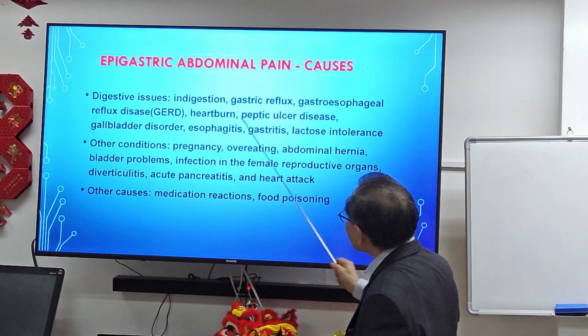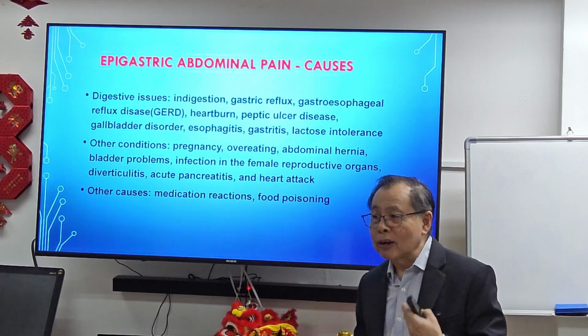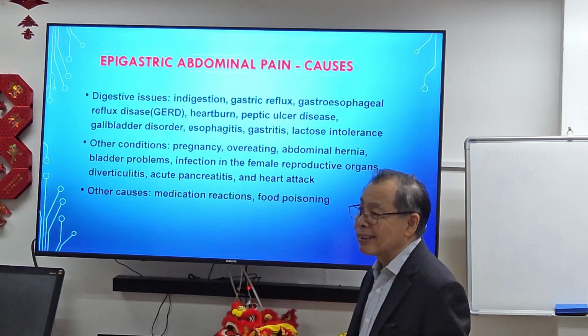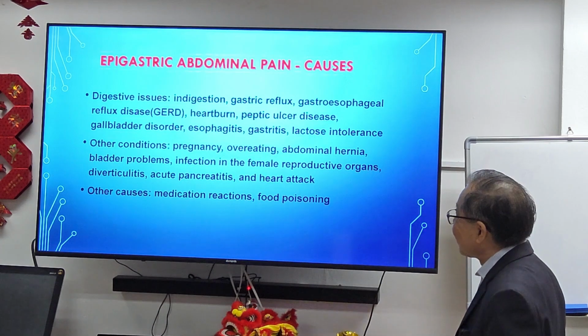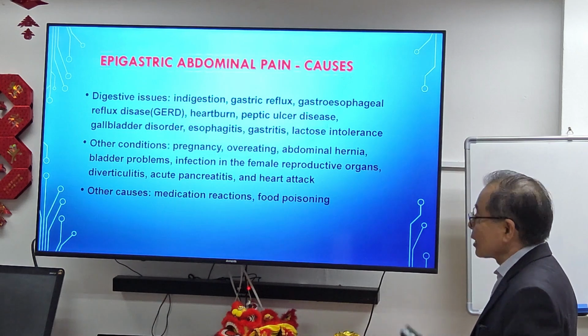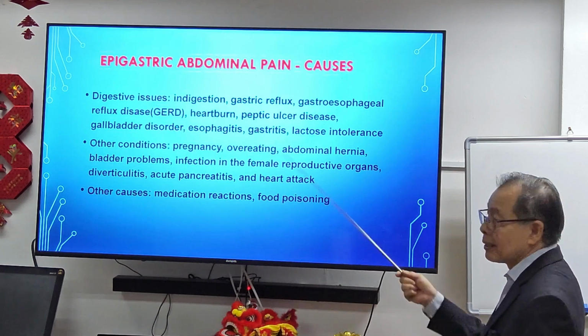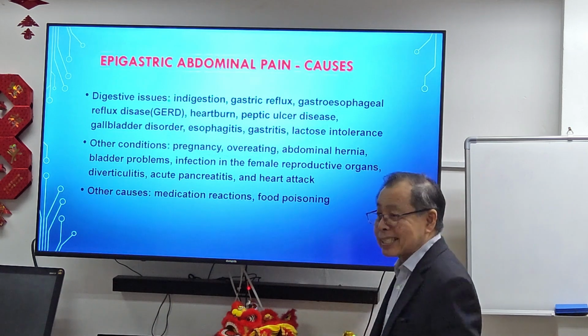You have esophagitis, gastritis, lactose intolerance, those Chinese who cannot tolerate milk. Pregnancy can also give you abdominal pain, right? So in a female, you ask the menstrual history and you realize that there's a missed menses. Pregnancy is one of the things that you've got to test for. Overeating, yes, can cause stomach ache.